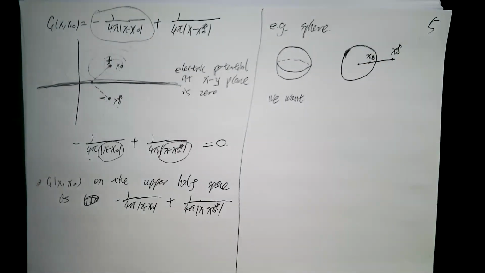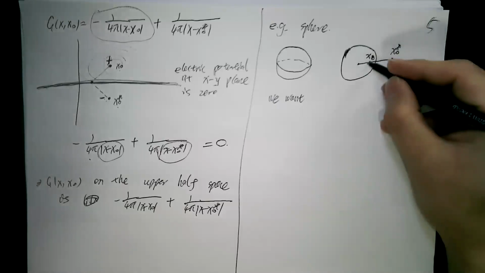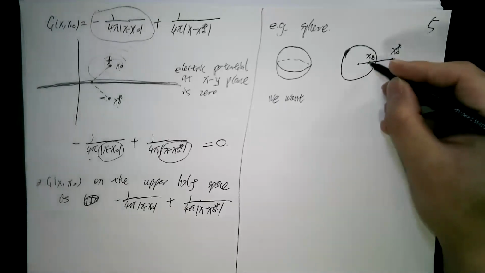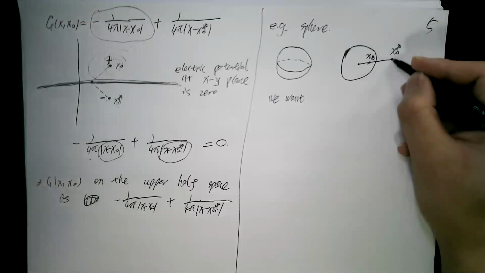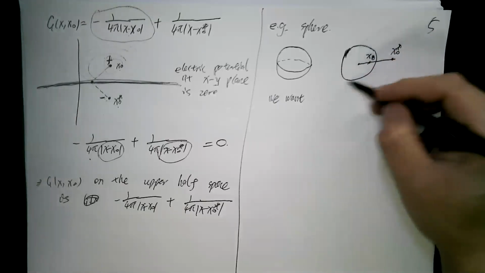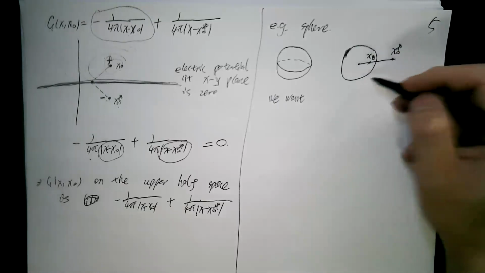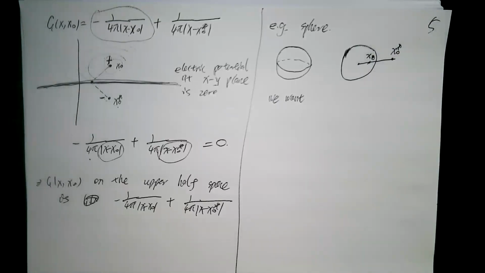The idea is still the same: you put in a positive or negative electron at x0, then you must be able to put another negative or positive electron at x0 star, so that on the boundary of your domain, you don't have any electric potential.